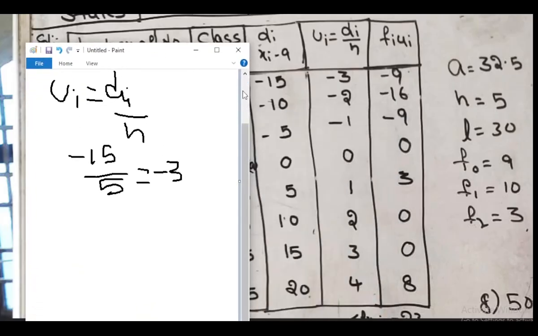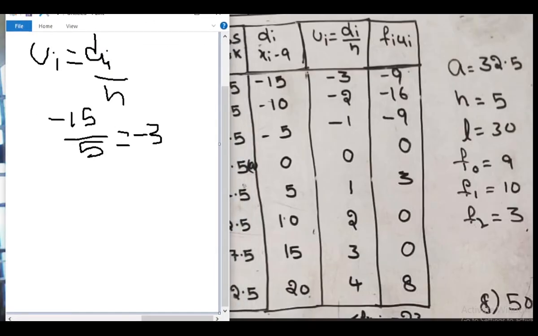Then for the next class, minus 10 by 5 is equal to minus 2, the step deviation for the next class.